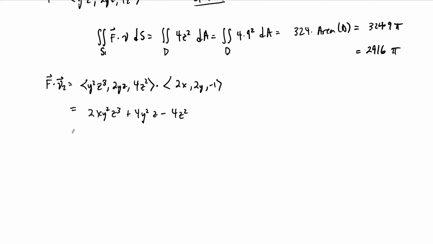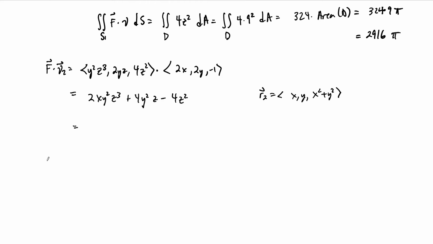All right, and then we also need to plug in the parameterization for R2. Remember, R2 is x, y, and then x squared plus y squared for the z component. So this one becomes 2xy squared times the quantity x squared plus y squared, cubed. We're not going to multiply this out because we're probably going to want to go to polar coordinates for this one.